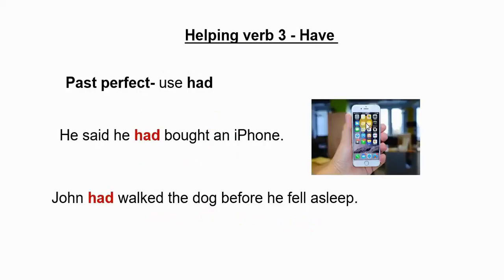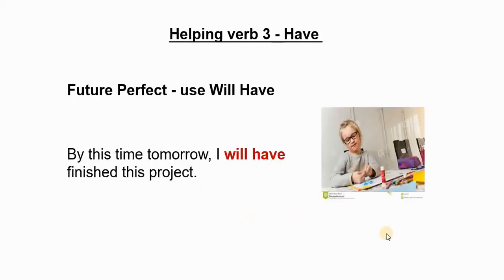In the past perfect, we use had. He said he had bought an iPhone. John had walked the dog before he fell asleep. And in the future perfect, we use will have.